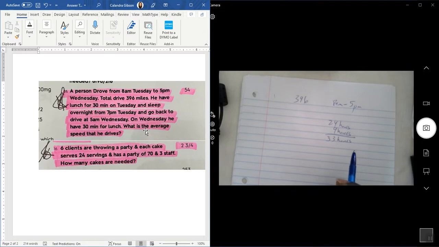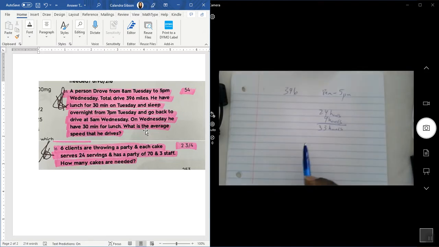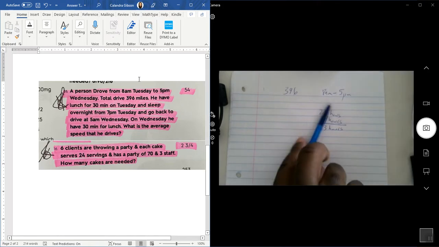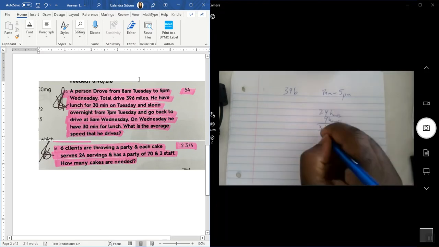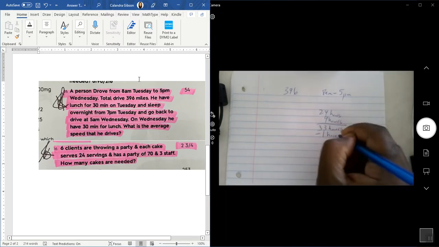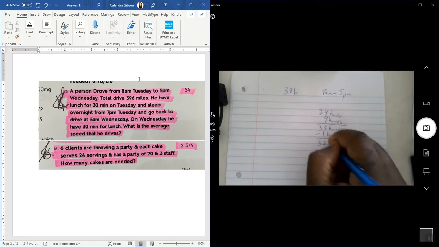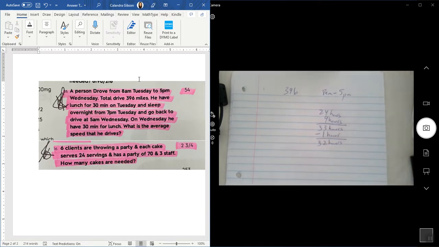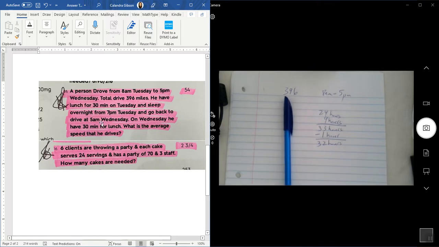Now we have to subtract off the times that this person was not driving. Remember, they had two 30-minute lunch breaks, so we would have to subtract both of those off, which would be 1 hour. So that takes us down to 32 hours. And then also, this person slept from 7 p.m. Tuesday until 5 a.m. Wednesday.